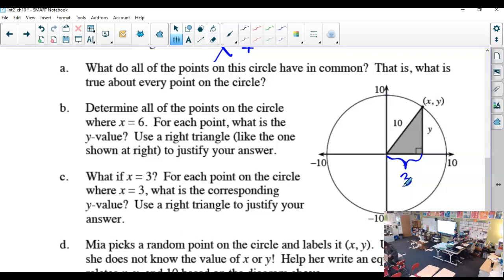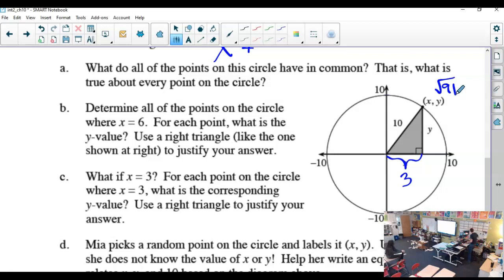Is that a nice number? Can I take the radical of that? I don't think so. So we're saying y would then be square root 91. Does that make sense how Jake got his answer? Because x squared plus y squared has to equal our radius squared.